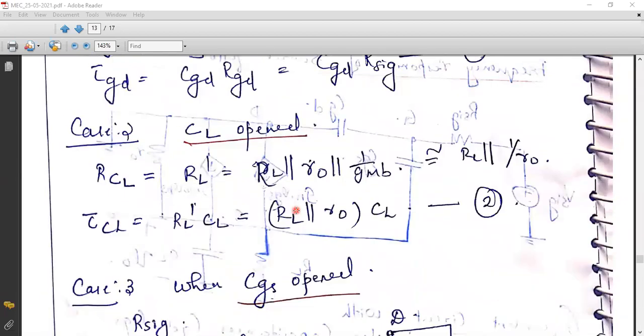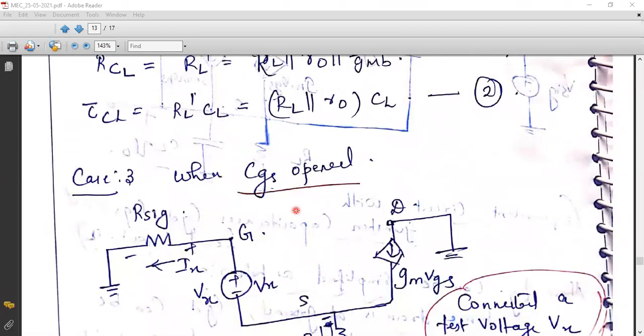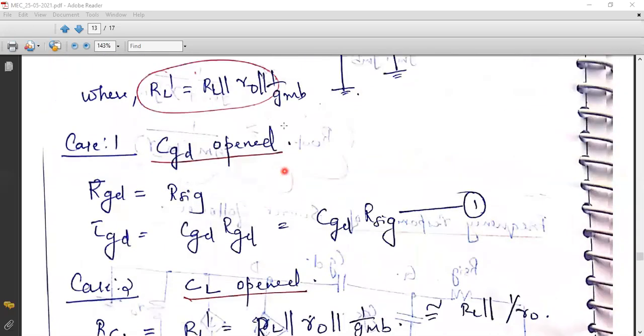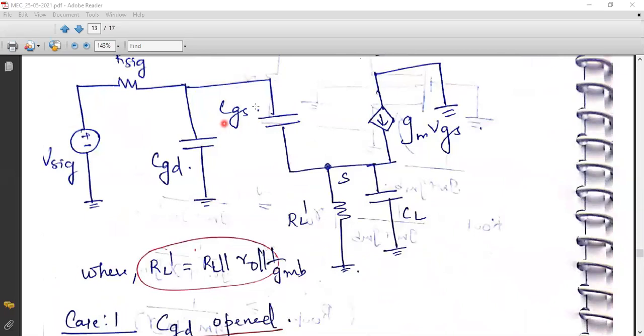So if you're not able to see any resistance, we have to fix a test voltage source or a dummy voltage source Vx. I will fix a dummy voltage source Vx across G and S after removing the capacitance. I need to open this capacitance and fix the Vx.